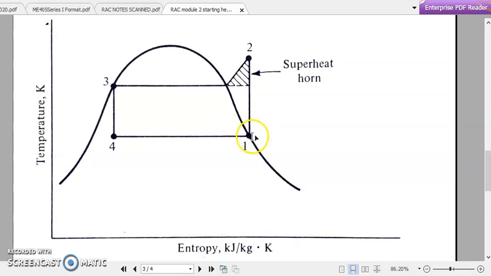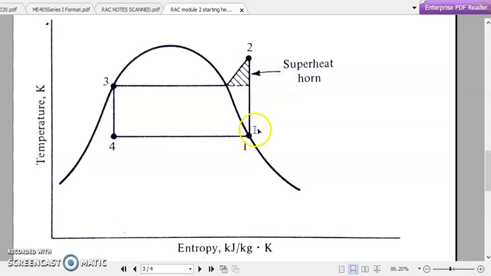So the compressor now can compress the vapor form of the refrigerant. This vapor form of particles is easily compressible compared with the liquid state. Since no liquid is present inside the compressor, it can easily compress the vapor form of the refrigerant, finally reaching point 2. But what is happening here?